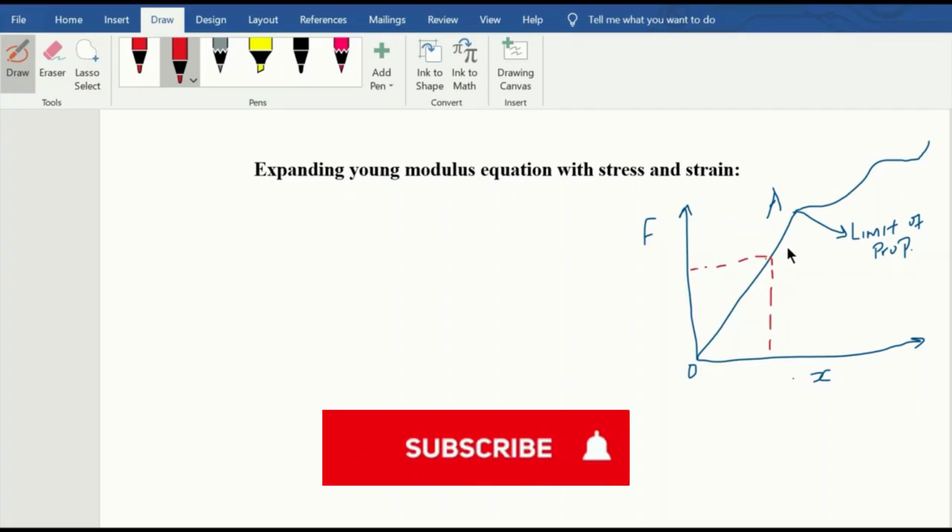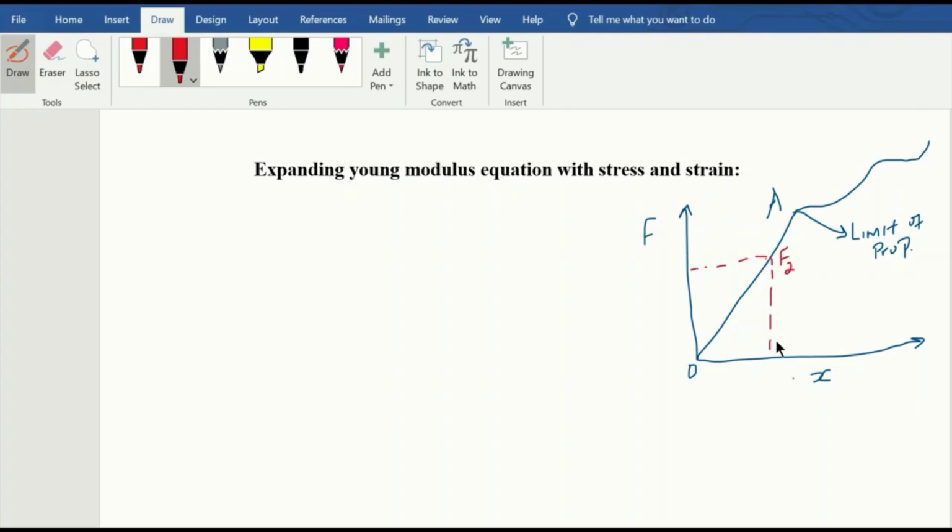So let me call this my F2, and this my F1. Here will be my x1, and here will be my x2. To find the gradient of this curve, you can take your gradients from any point on this straight line.